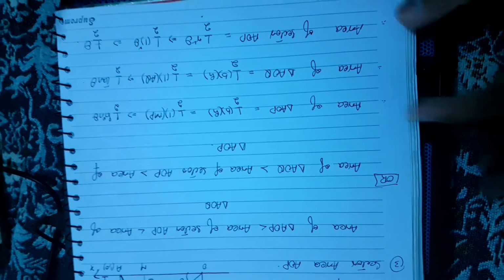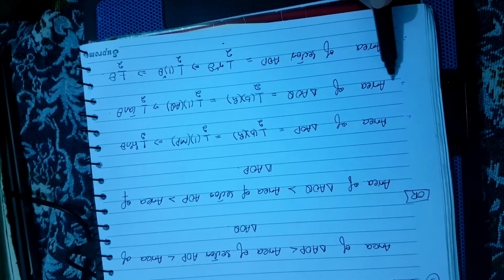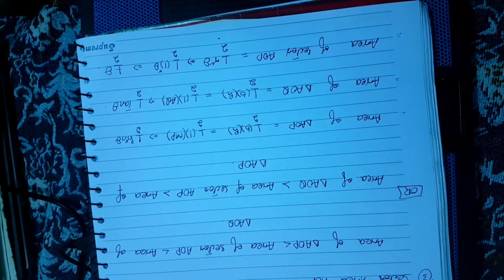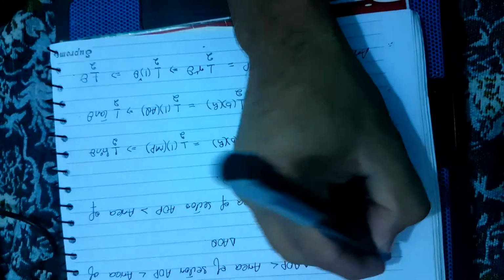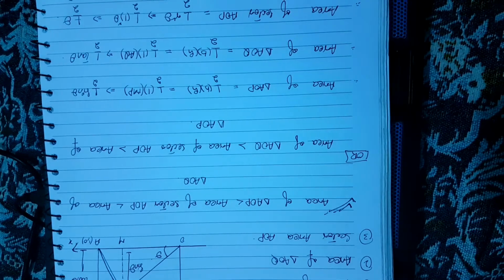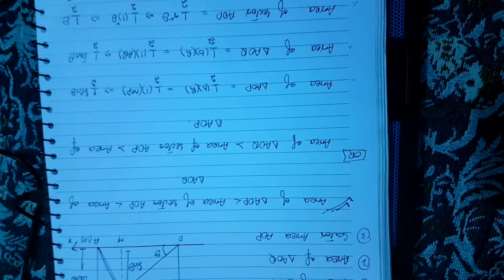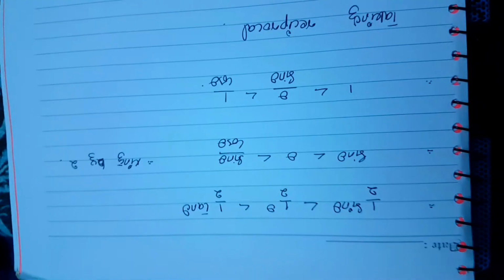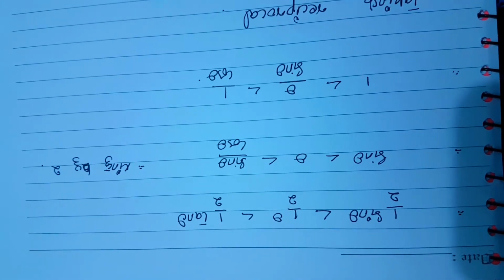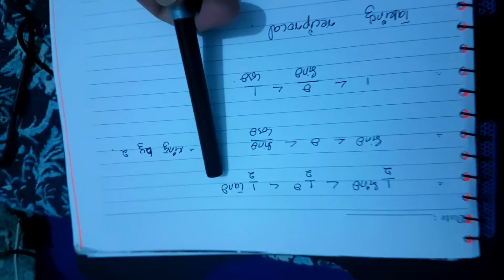Therefore we have found the three areas: triangle AOP, triangle AOQ, and sector AOP. Now we write them into the relation given above and compare them: half of sine theta is less than half of theta, which is less than half of tangent theta.